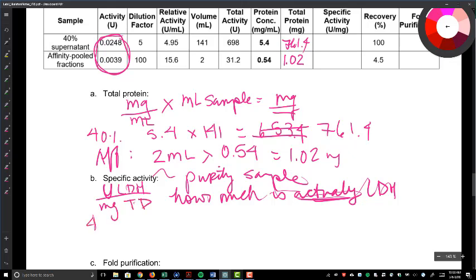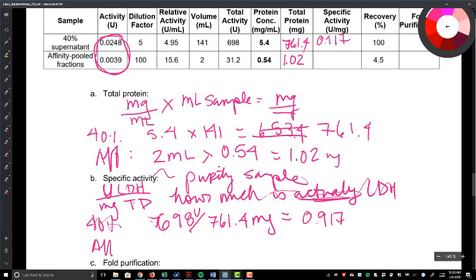So for the 40%, again, feel free to pause me. It would be total activity in units per mg. Okay. So it'd be 698 units divided by 761.4 mgs, which would give us 0.917 units per mg.